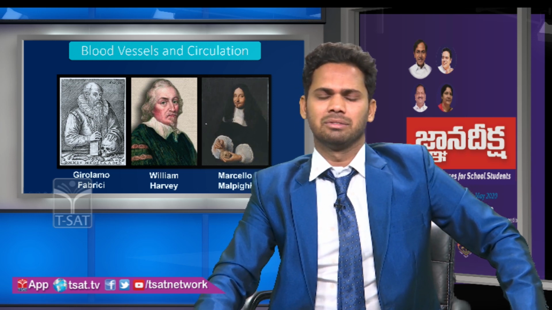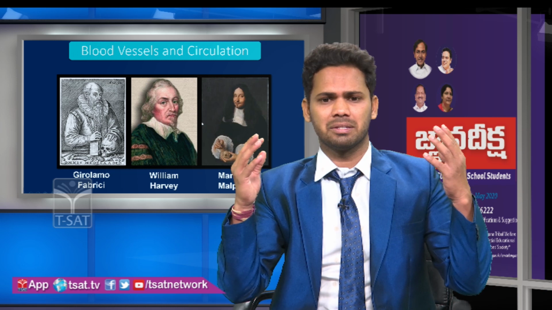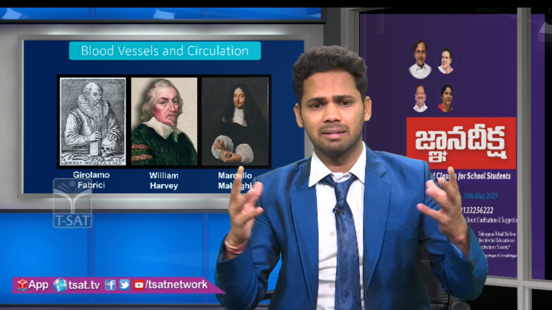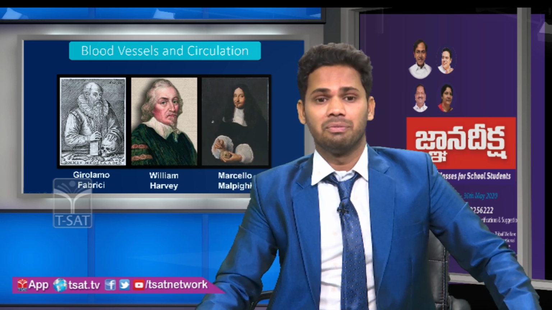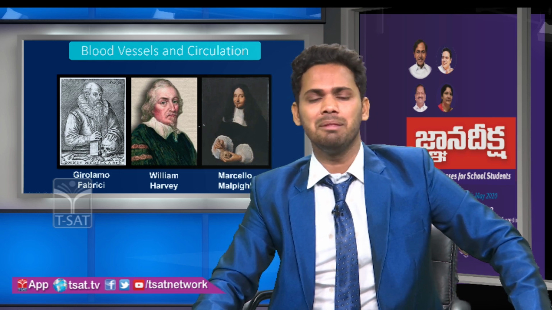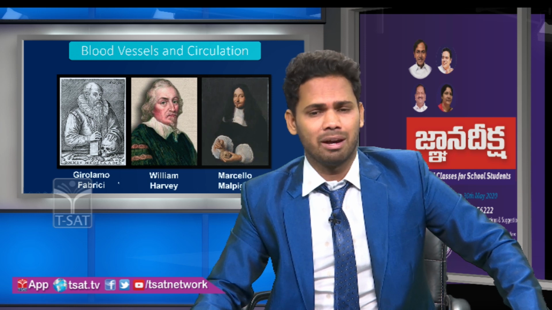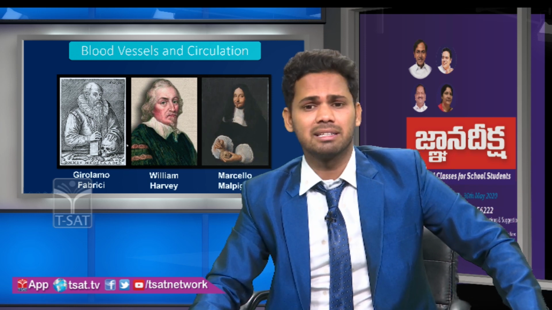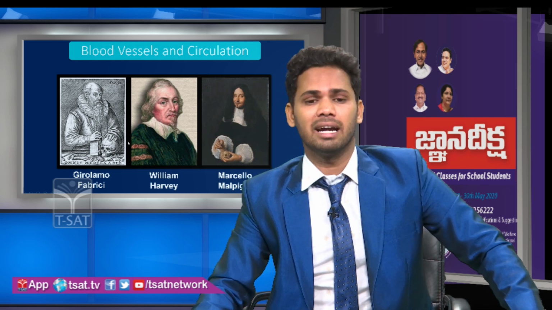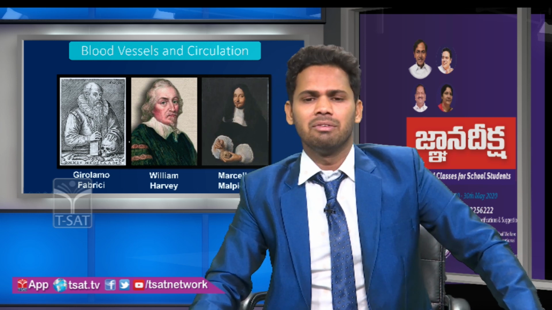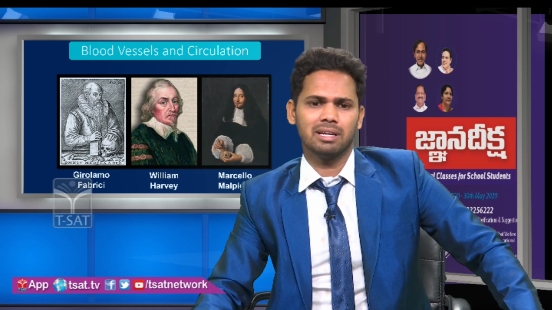You see, at first we did not know about the circulation process. The first information was given by the great person Girolamo Fabrici. This is the correct pronunciation, students. Girolamo Fabrici first discovered valves in the veins of the leg.